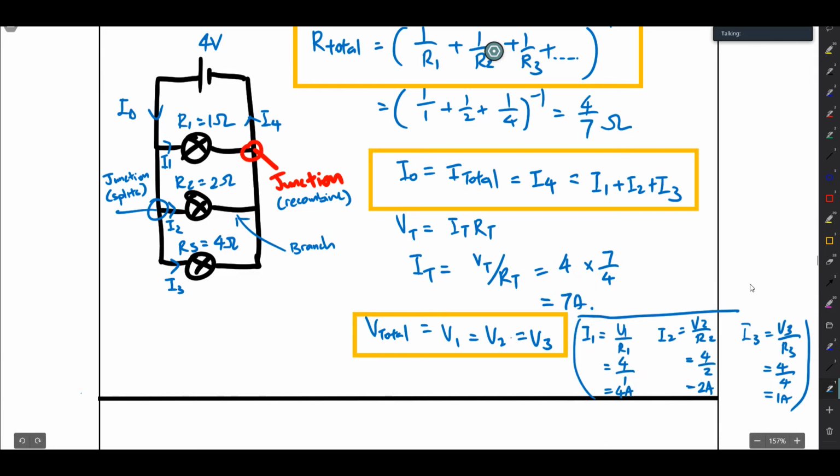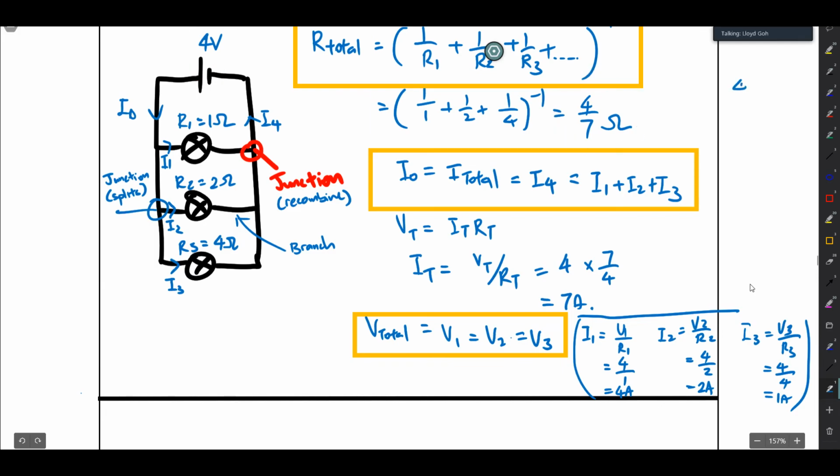Sorry, I went a bit too fast. Some of you are asking how I get 4 over 7 ohm. You just press your calculator and you should be able to get 4 over 7. If you've forgotten how to do fraction division, looking at this formula, V total over R total, V total is 4 volt, R total is 4 over 7.